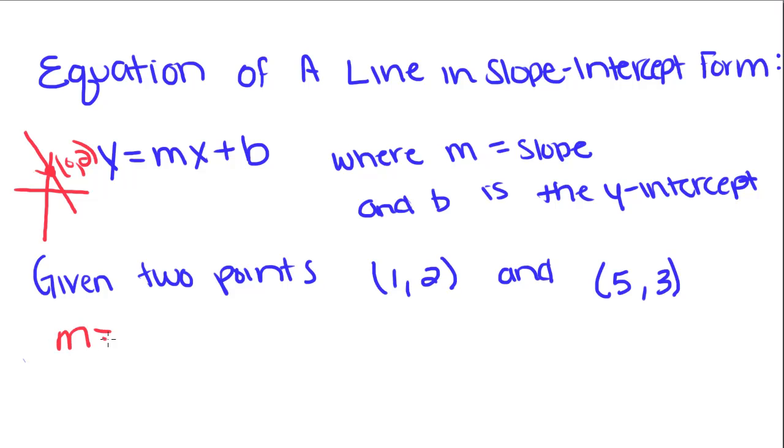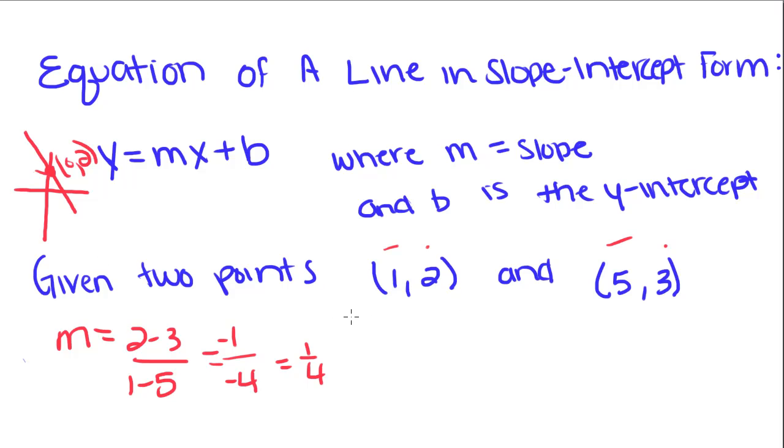So m is equal to y2 minus y1 over x2 minus x1. So 2 minus 3 is negative 1 over 1 minus 5, which is negative 4. So positive 1/4.